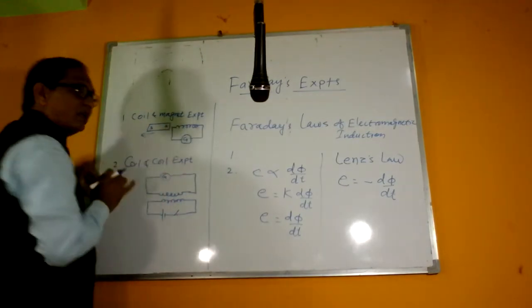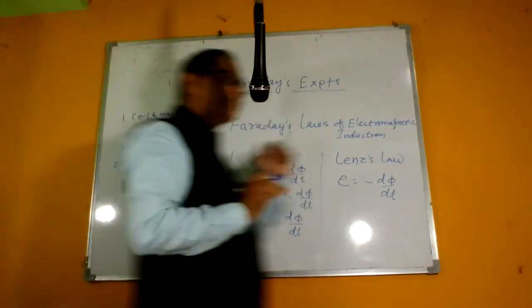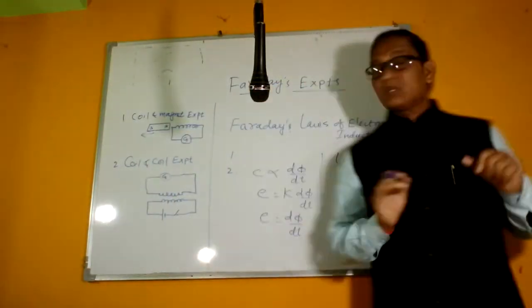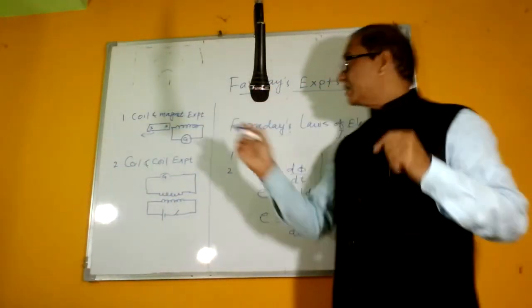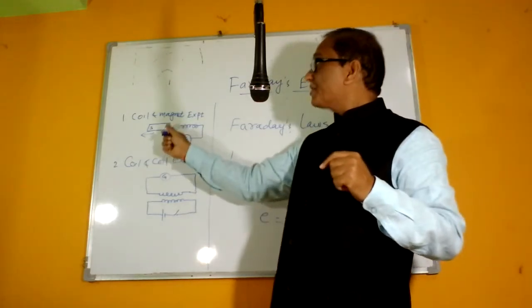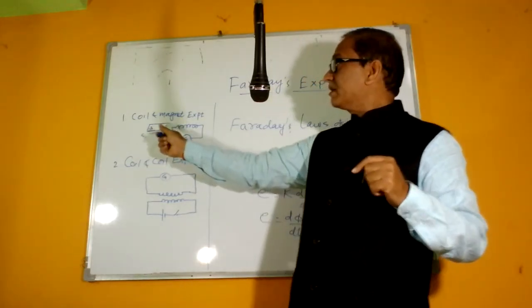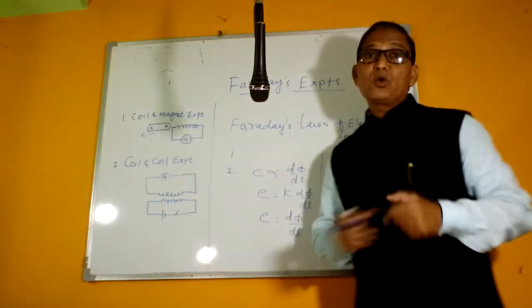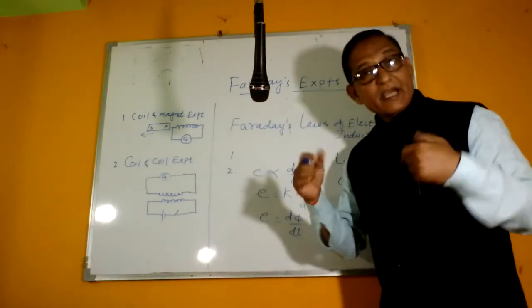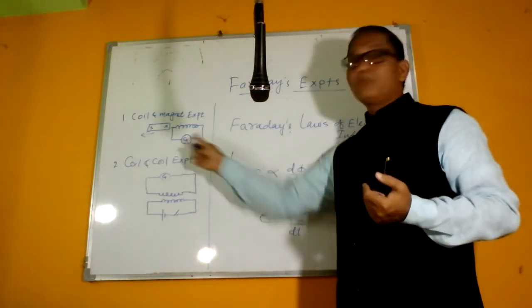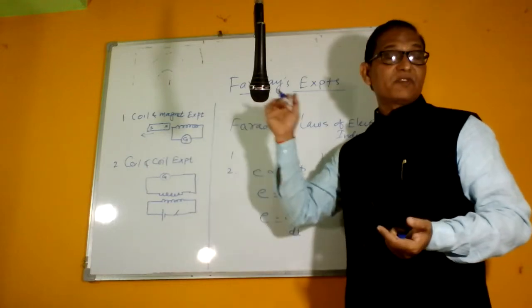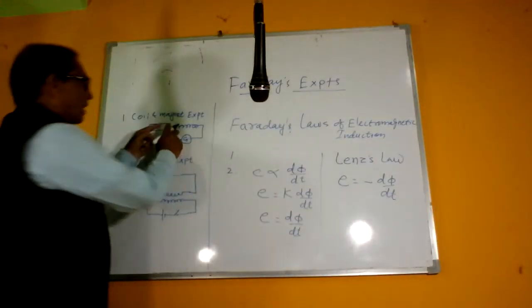On the other hand, if we move this bar magnet away from the coil, again it acts as a magnetic dipole in such a way that the face towards the magnet will act as a south pole. We will get a deflection in the coil again, but in the opposite direction to the first one.